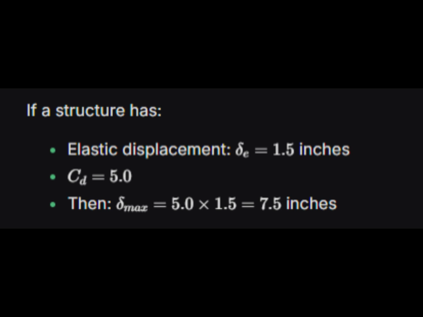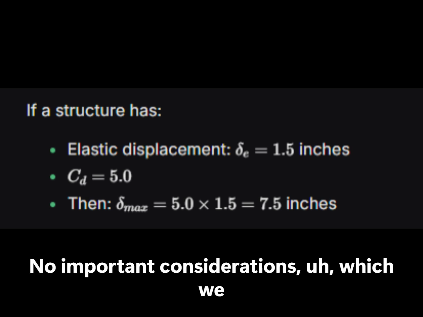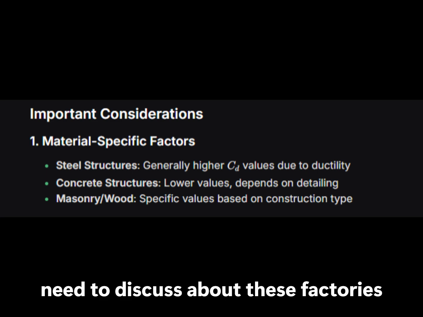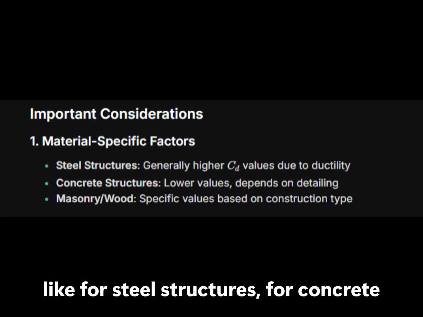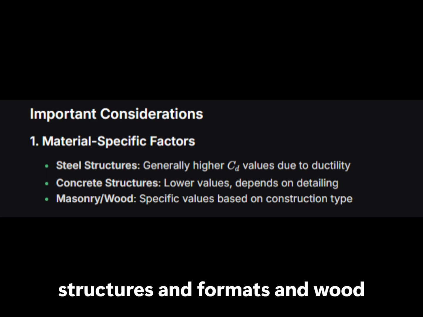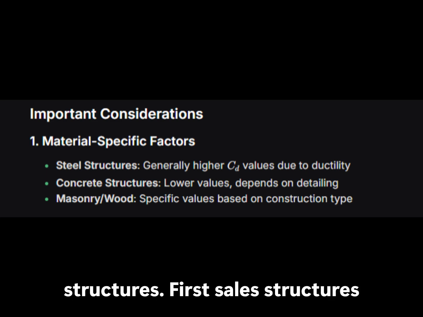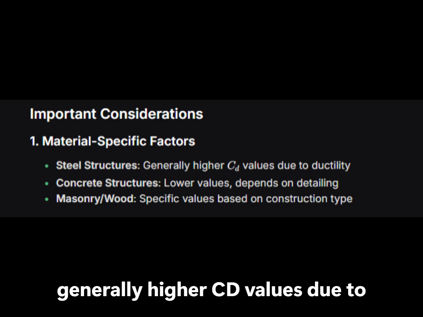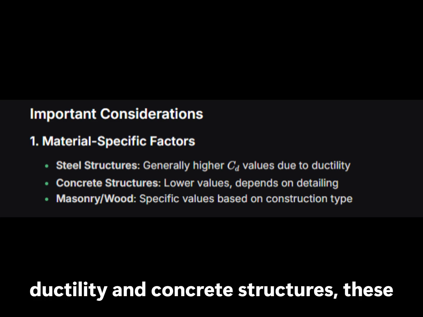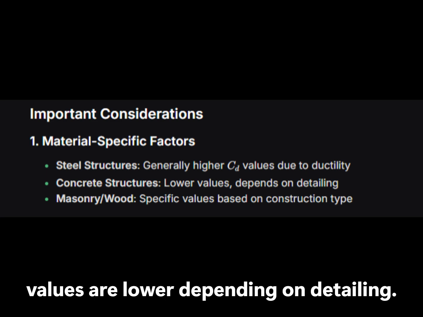Now, important considerations for this factor: for steel structures, for concrete structures, and for masonry and wood structures. For steel structures, generally higher CD values are used due to ductility, and for concrete structures these values are lower, depending on detailing.